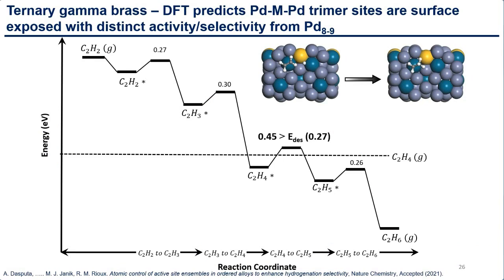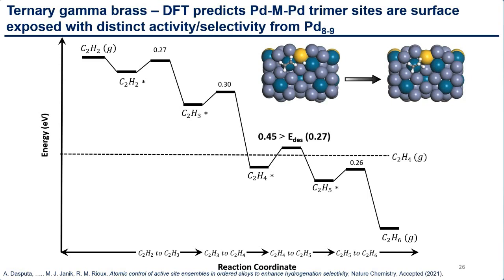And what we can see is if we compare the two selectivity determining steps, the semihydrogenation of adsorbed ethylene versus the desorption of ethylene, we can see that when we add the gold atom into the octahedral site, the activation energy or the apparent barrier for the semihydrogenation reaction increases relative to what we calculated on palladium-9. So this tends to imply that the gold added to the palladium trimer should increase the selectivity for acetylene semihydrogenation.